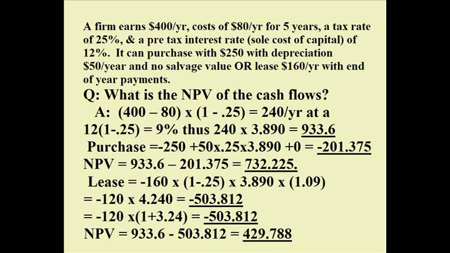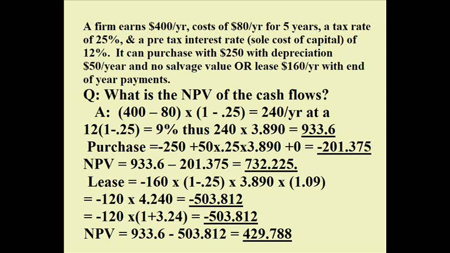A couple of tricks here, but first of all, to recognize a present value postponed becomes larger, so we could multiply, let's say, times 1.09. That would give us the factor of 4.24. We get minus 503.8. Or a little trick of the trade, because periods 1 through n is not the same as periods 0 through n minus 1.